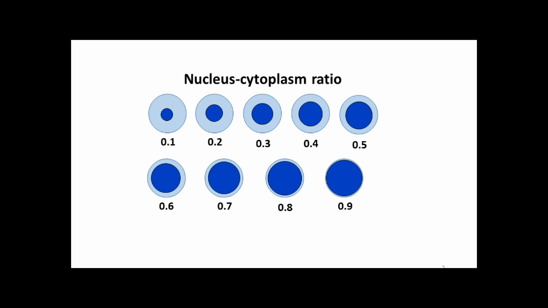In that situation the nucleus occupies a very high area of the cell. The cytoplasm is very small because the cell is very active. And it will mature; during maturity the cytoplasm volume increases and the nuclear volume decreases.